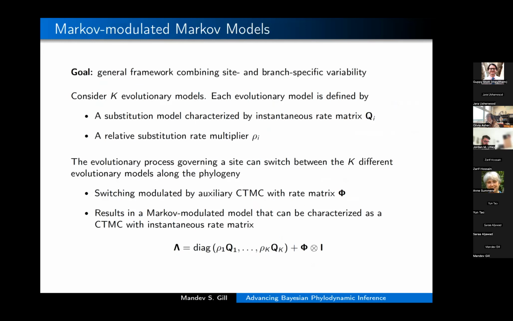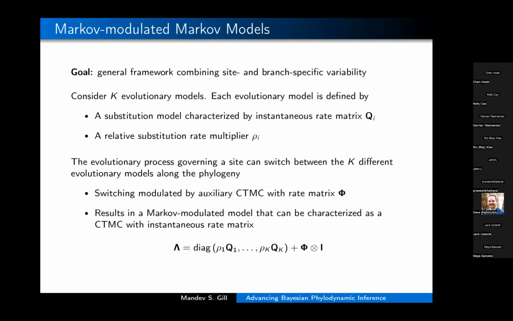So our goal is a general framework that combines site-specific and branch-specific variability. Suppose we have k evolutionary models, where each evolutionary model is determined by a substitution model characterized by an instantaneous rate matrix, Q_i, and possibly a relative substitution rate multiplier, rho_i.